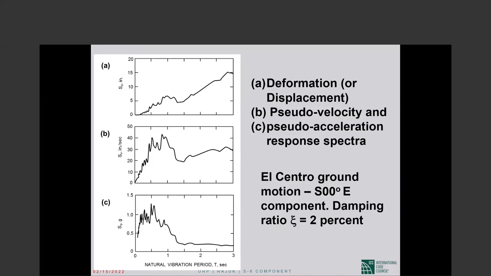We remained at 2% of critical, and the ground motion didn't change. We are talking about the north-south component of the 1940 El Centro motion. Okay, so we have obtained for that ground motion and for 2% of critical damping, the displacement spectrum, the pseudo velocity spectrum, and the pseudo acceleration spectrum.